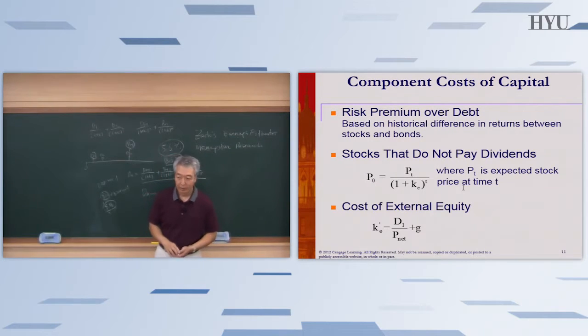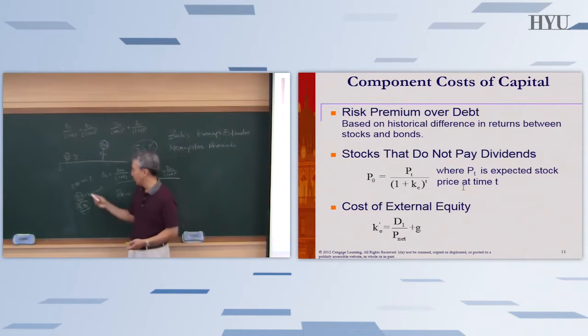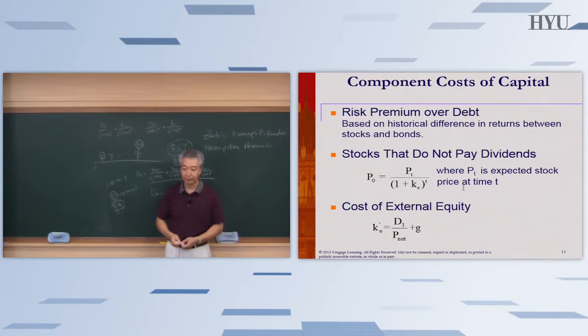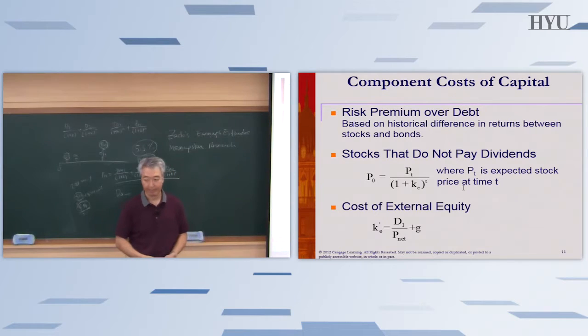In order to raise $200 million at this point, maybe they say the correct price is about $15 per share, and you have to offer some annual dividend of a certain amount. That's what we're talking about as a risk premium over debt.